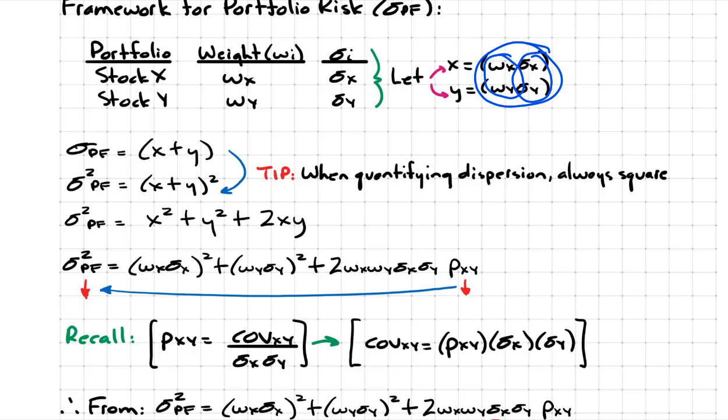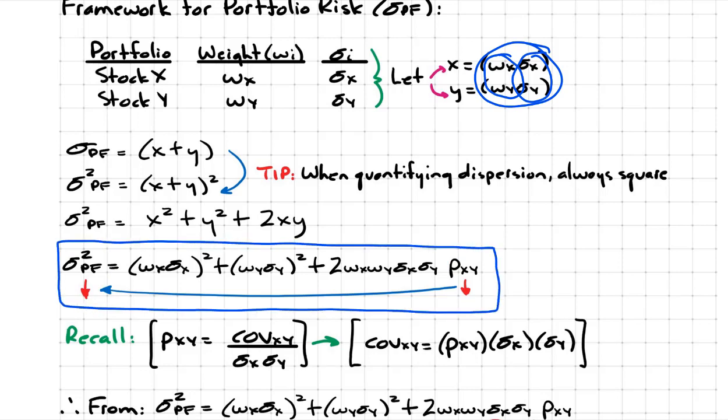On the other hand, if the correlation is low, in other words, they don't always go in the same direction, and in fact, it's possible for a correlation to be negative, indicating that they move in opposite directions, then if one goes down, the other one goes up, and therefore that'll make the portfolio less risky. So ladies and gentlemen, here is your framework for portfolio volatility.